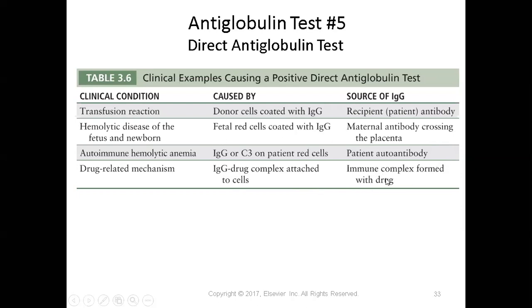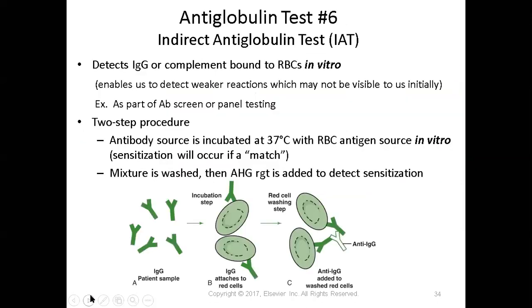And so this complex of IgG and drug can attach to the person's red cells and cause sensitization. So very important to remember those four things that cause the positive DAT. And just remember, this is happening in vivo in the person. So it's not anything we're doing in our test tube to make it happen. It's already happened. All right.